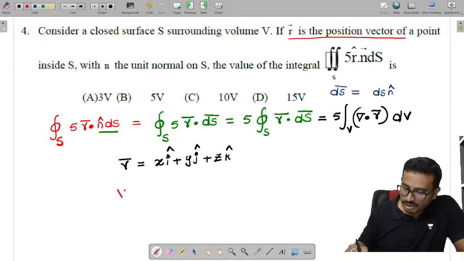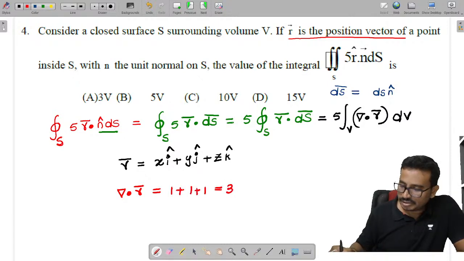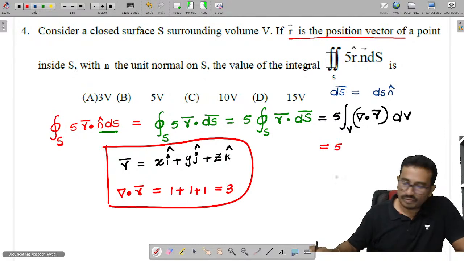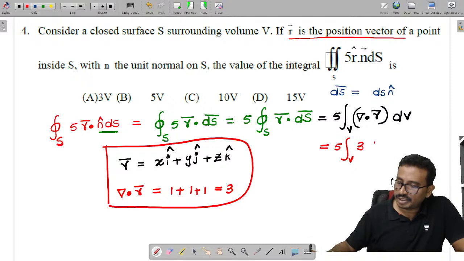Now, del dot r, the divergence, you will get as 1 plus 1 plus 1, which is 3. So this value we are replacing here. If we replace it, this is 5 into the volume integral of 3 into dv.